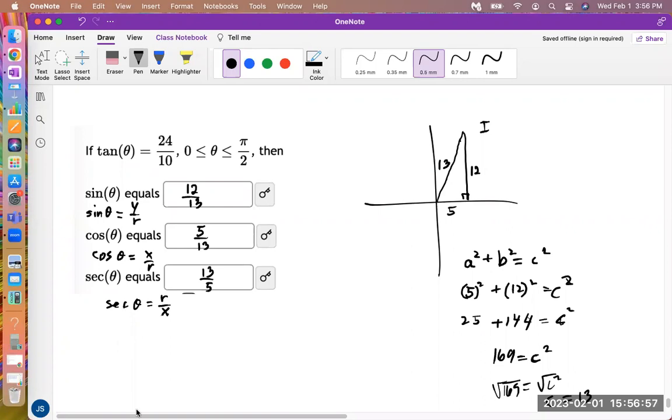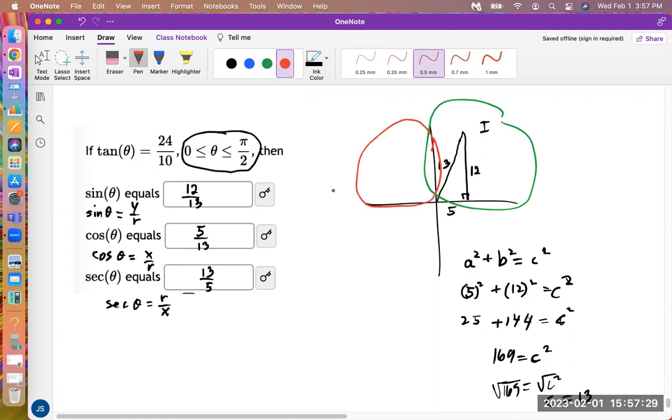Now, if they would have said this is another quadrant, because between 0 and 2 pi it's in this region of the coordinate plane. So if they would have said between pi over 2 and pi, then you would have been in this quadrant, which is quadrant 2.